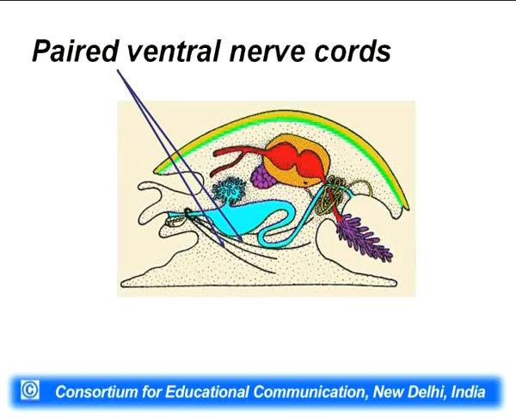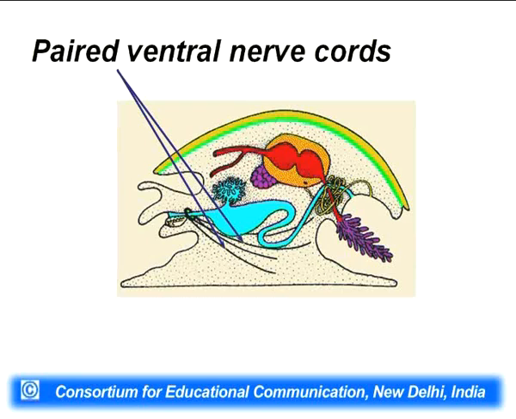The ganglia present in the head region are called the cerebral ganglia, ganglia present over the visceral mass are called the visceral ganglia, and other ganglia which are associated with the intestine are called the supraintestinal ganglia and the infraintestinal ganglia. The ganglia present in the foot region are called the pedal ganglia, and the ganglia present in the mantle are called the pleural ganglia.